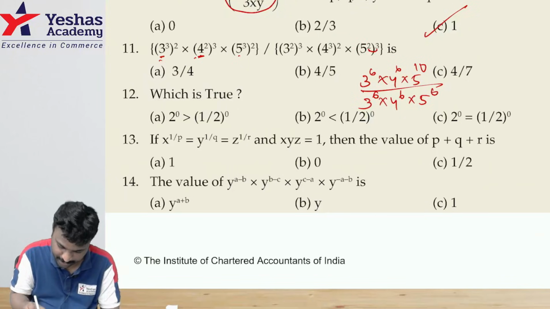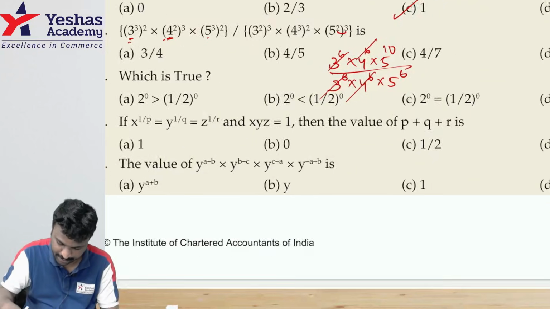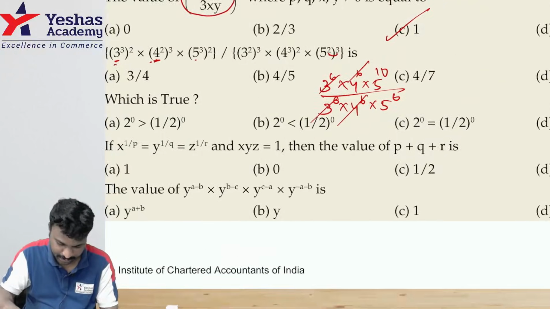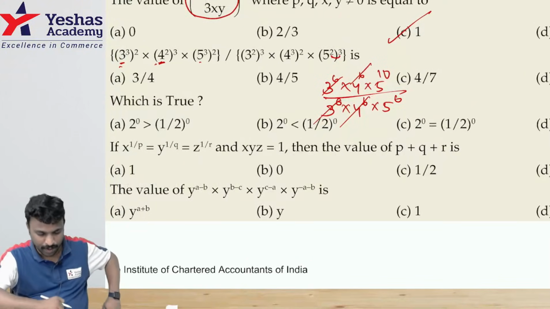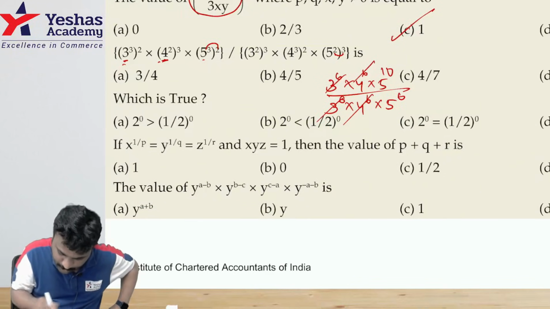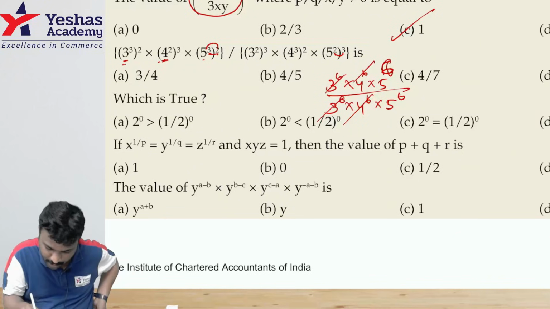Guys, what will happen here? 3 power 6, 3 power 6 cancel. 4 power 6 and 4 power 6 will get cancelled, and we are left with 5 power 10 by what is it? 5 power 10 by 5 power 6. So, oh sorry, it's 5 power 6 only. Numerator also 5 power 6 only, because 3 into 2 is 6. Here also 5 power 6.